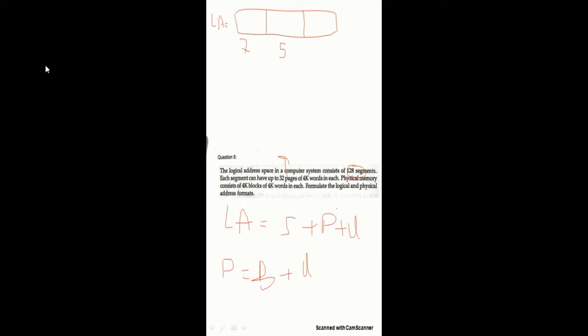And he's saying that 4 kilowords in each. So offset size is 4 kilo. 4 kilo means how can I write? 1 kilo is 2 to the power of 10. 4 is 2 squared. So this is 2 squared into 2 to the power of 10. How much will it be? 2 to the power of 12. So you need 12 bits here.